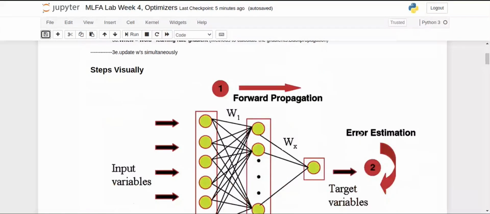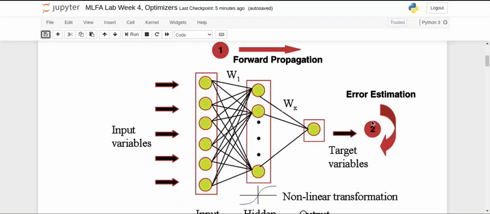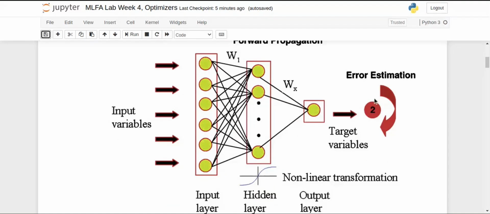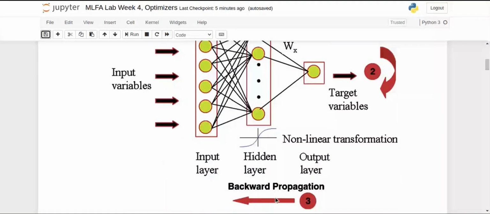Then it will calculate the loss, (yp minus yi) whole squared. Then it will compute the gradient and backpropagate it backward in the backward propagation step, so that the weights update to minimize the loss, and it continues until w new equals w old.